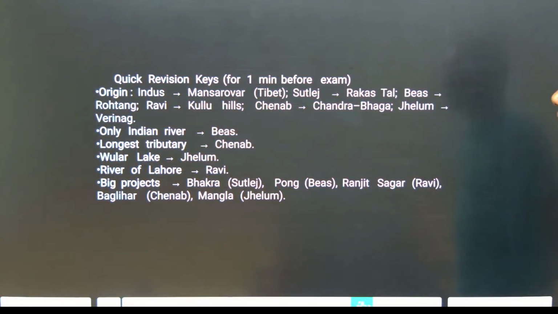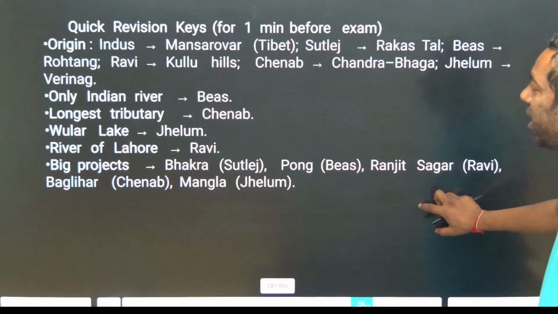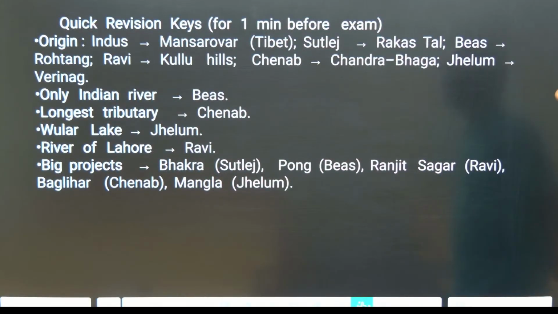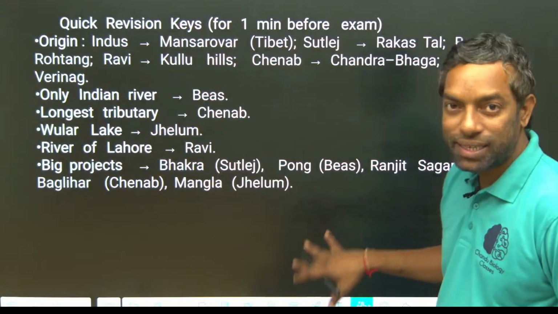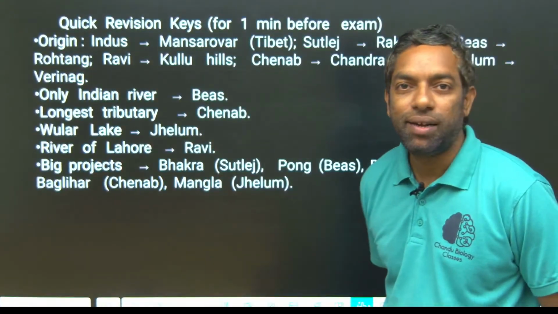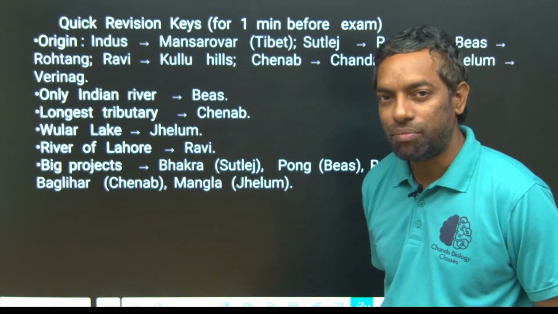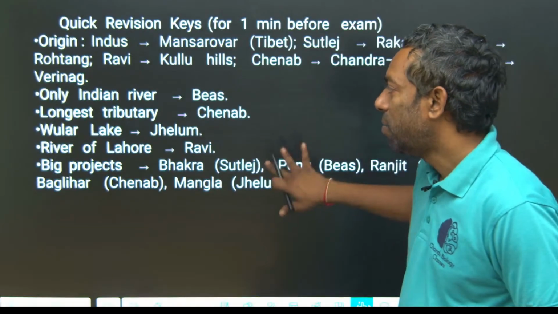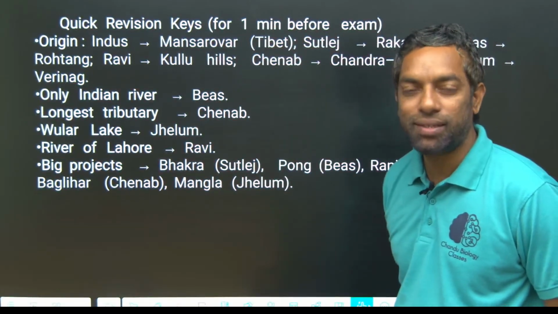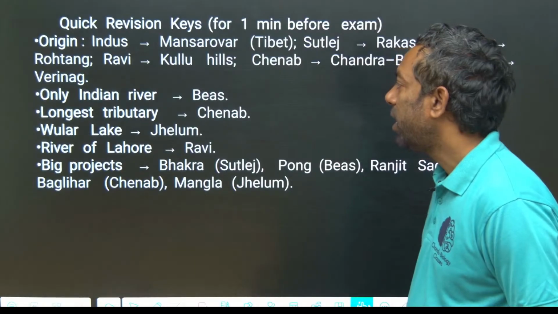Quick revision, guys. This is also important. Indus originates at Mansarovar, Tibet; Satluj at Rakastal; Beas at Rohtang Pass; Ravi at Kullu Hills; Chenab at Chandra Bhaga; Jhelum at Verinag. Guys, this is the most important slide. Take a screenshot and read it. There is a chance of a question. Only Indian river: Beas.